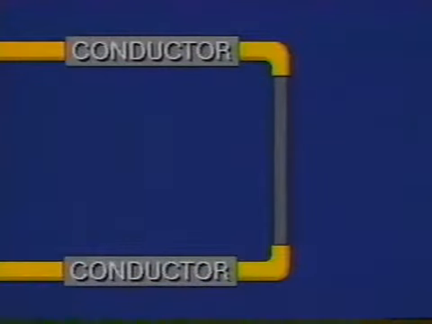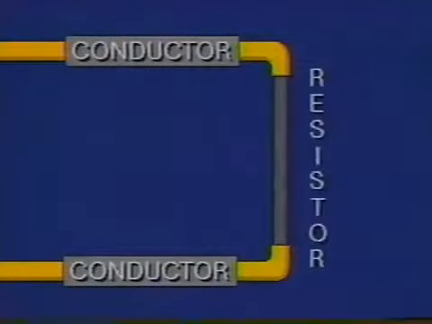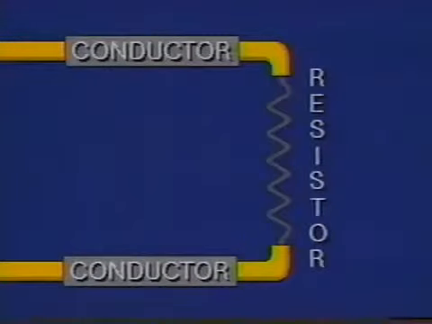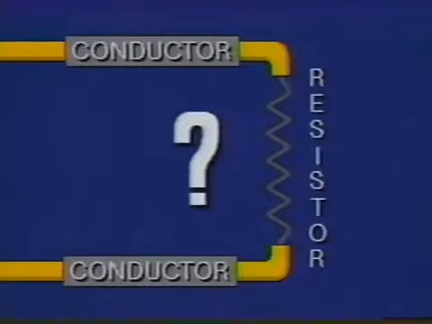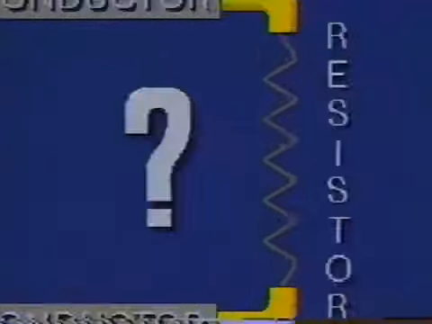The heating element is a conductor, but not a very good one, and is therefore referred to as a resistor. It's represented like this in the circuit diagram. But just how does a resistor differ from a conductor? Let's examine the difference at the atomic level.